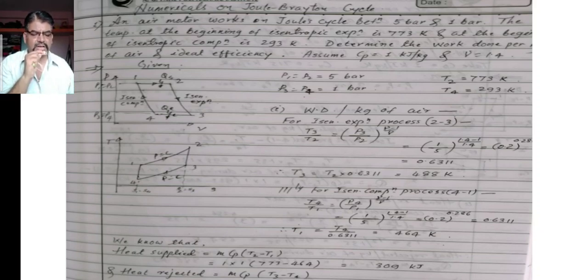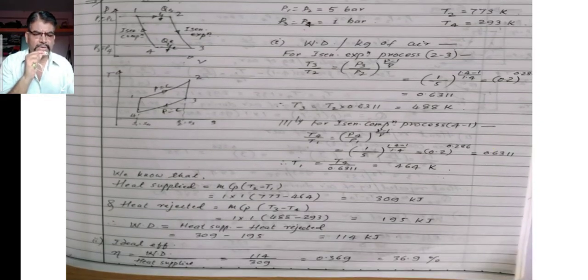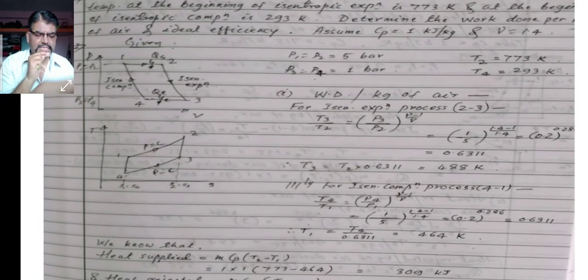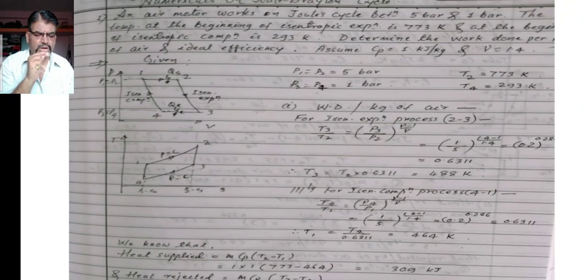Similarly, if we consider the process 4 to 1 on the PV diagram, we have the relation T4 upon T1 is equal to P4 upon P1 raised to gamma minus 1 upon gamma. After putting the values of pressures, we get the ratio of T4 to T1 as 0.6311. Therefore after putting the value of T4, I can find out T1, that is 464 K.